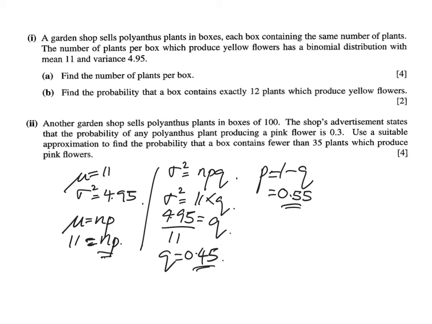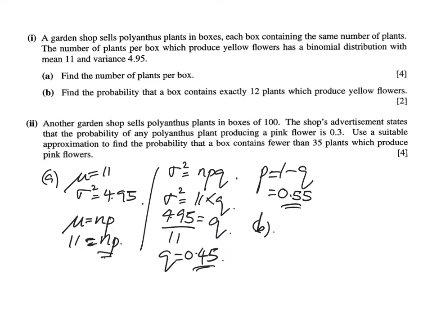Now find the probability that a box contains exactly 12 plants, so this is part B. The success probability is 0.45.